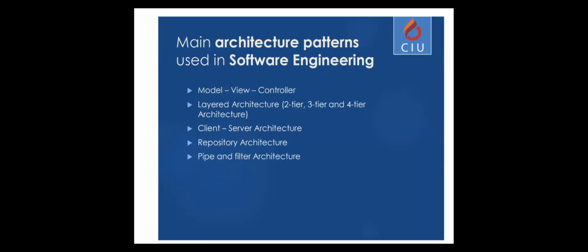Unfortunately, the systems have become so distributed, so wide, so big nowadays that the whole world is basically connecting to them. Hence, one architecture is not enough to support such big systems. Netflix is basically a client-server architecture, but it is a distributed system. So it has repository, it has layered, it has model view controller.